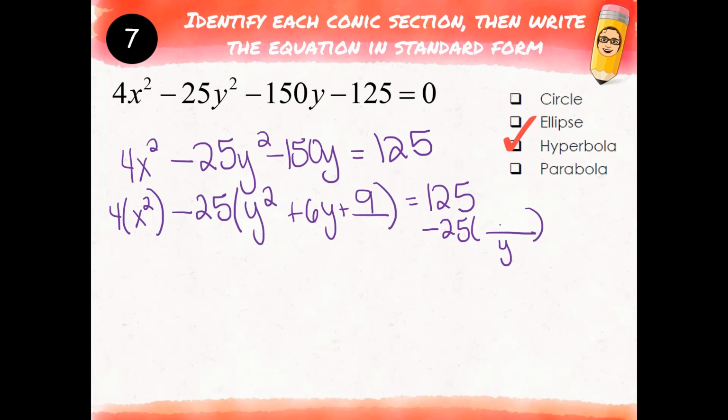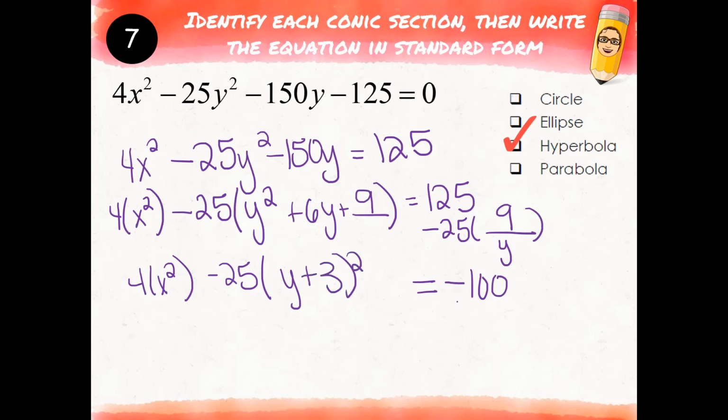So I'll be 9. So on the right-hand side here, I'm going to have 125 minus 25 times 9, which is a negative 100. Interesting. So I got 4x squared. Factor here, y plus 3 squared. So I got to divide by negative 100.